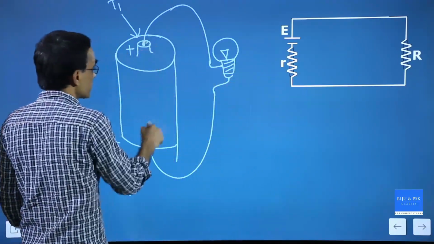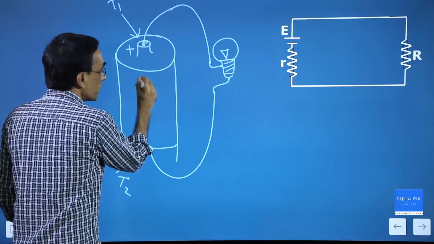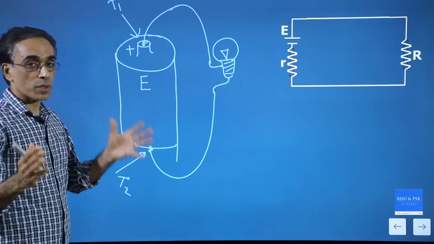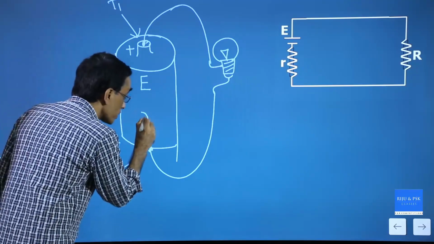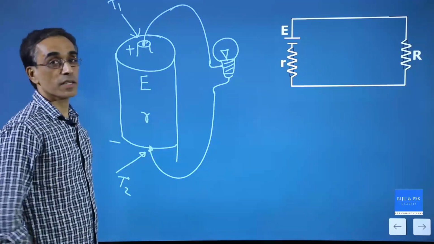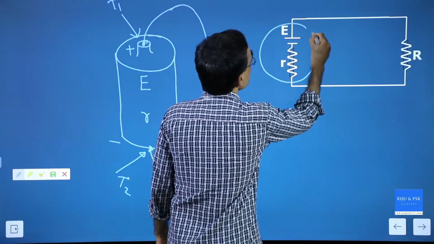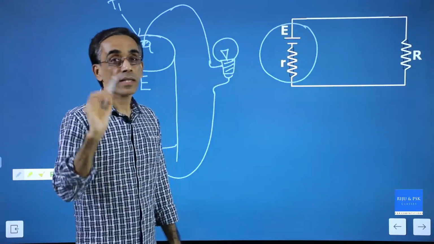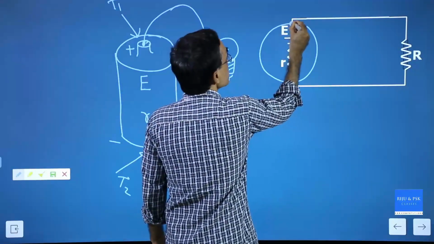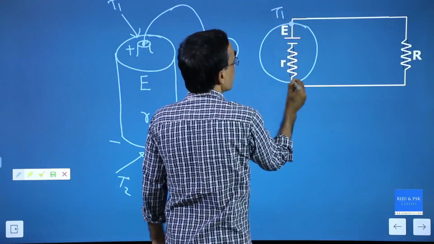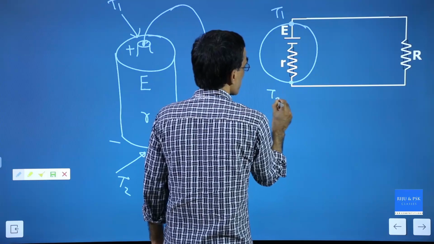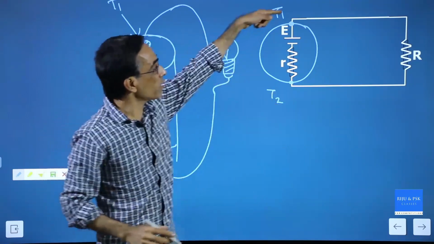This cell can create an EMF, a potential difference, and it has a resistance R. So both are inside. In fact, the whole thing is your cell. That makes this terminal 1 and this one terminal 2. The terminals are one here, one here.